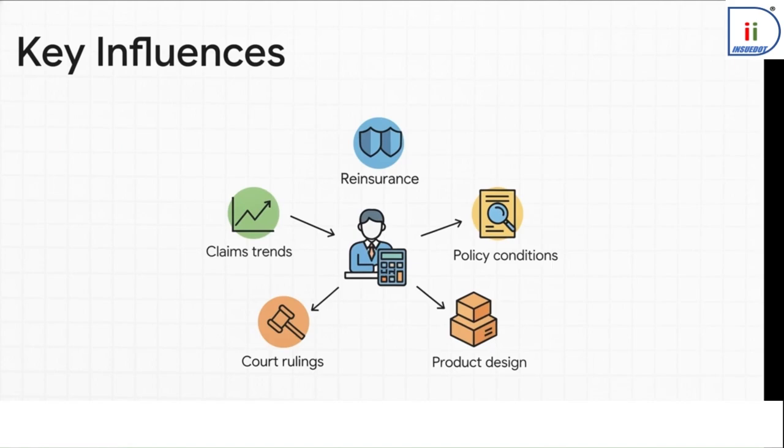When an actuary is actually rating just one single product, they have to juggle a massive list of moving parts. We're talking recent claims trends, wild shifts in policyholder behavior, or even a sudden court decision that drastically bumps up the final size of losses. They have to factor in their own reinsurance treaty structures, the overall economic weather, and specific policy conditions like copays or deductibles.